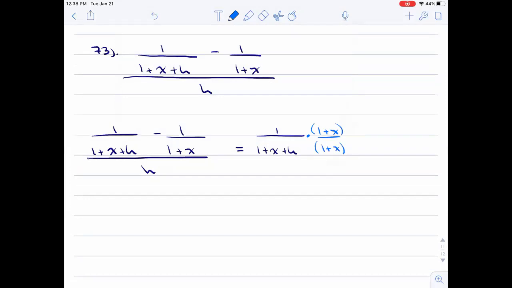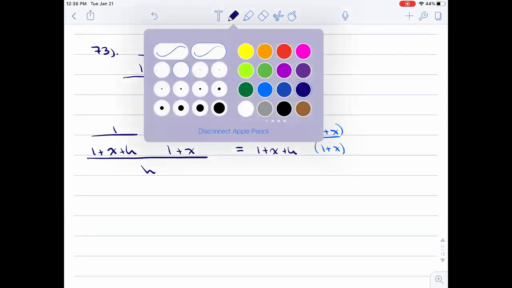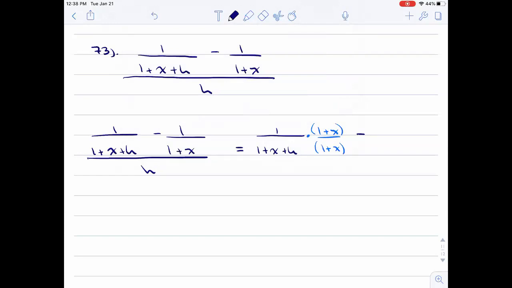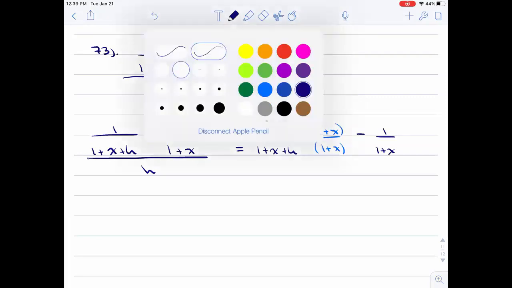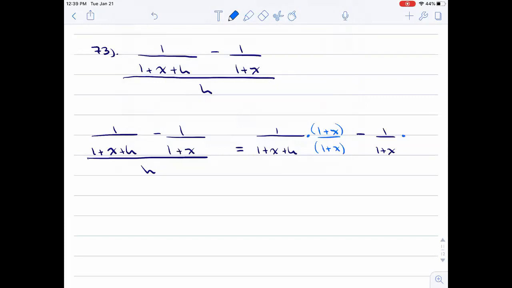That's still times 1, right? I'm allowed to do that. Minus 1 over 1 plus x times, and the same idea, right? (1 plus x plus h) over (1 plus x plus h). As I suspected, ran out of room a little bit there. And then remember that all of this is over h.